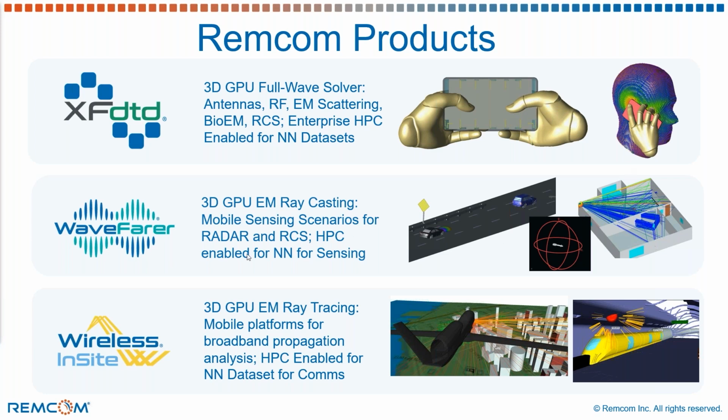Wayfarer is one of our newer products, which is used for radar sensing, RCS, etc. And then Wireless InSite will be the focus of today. Our 3D GPU ray tracer, useful for mobile platforms and broadband propagation. It's HPC enabled, and we'll overview some of those capabilities.